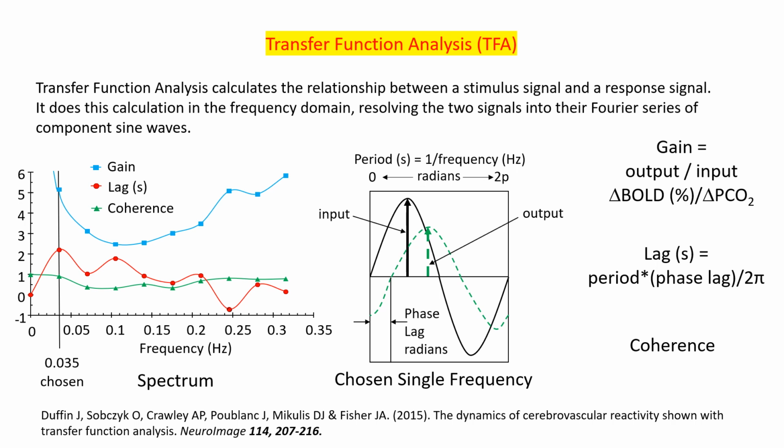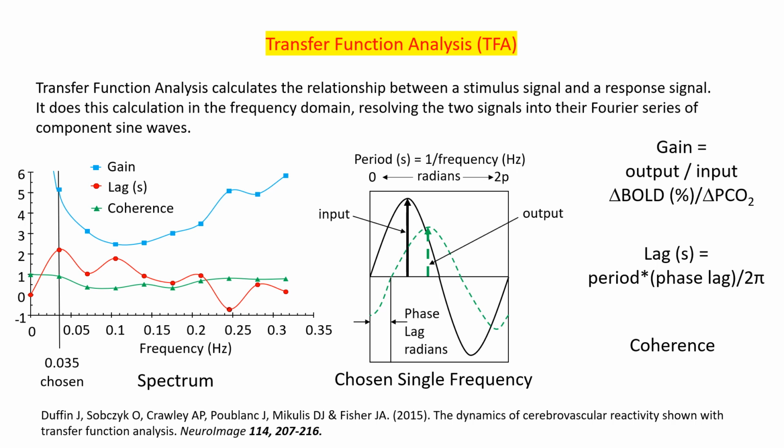It does this calculation in the frequency domain, resolving the two signals into their Fourier series of component sine waves. The resulting measurements are gain, which corresponds to CVR, phase lag, which corresponds to tau, and coherence for each component frequency.